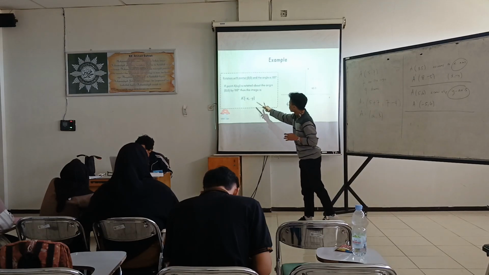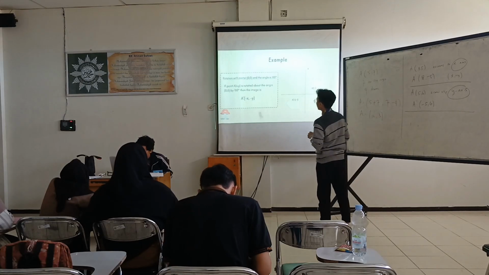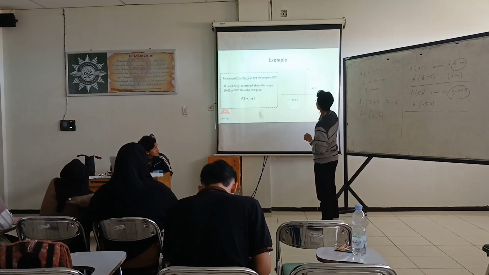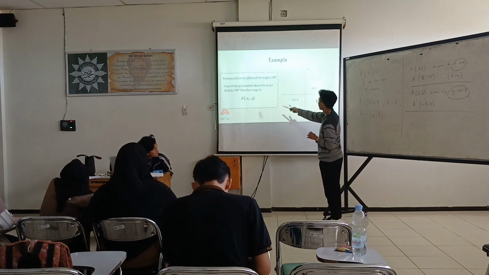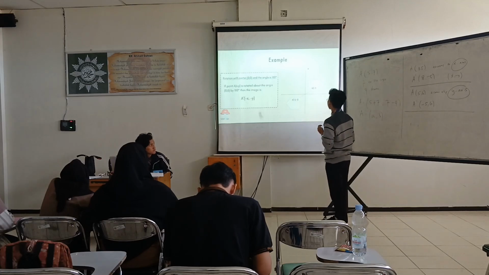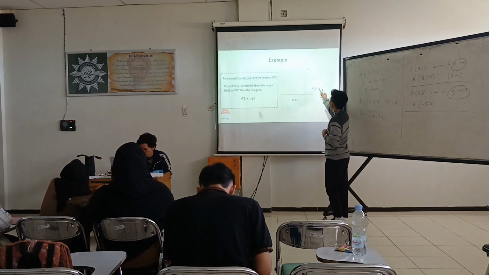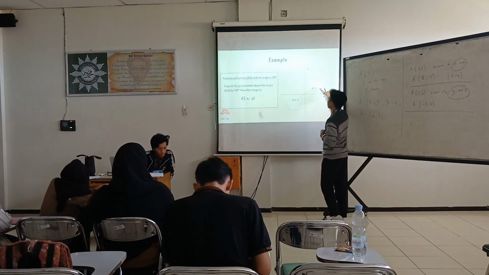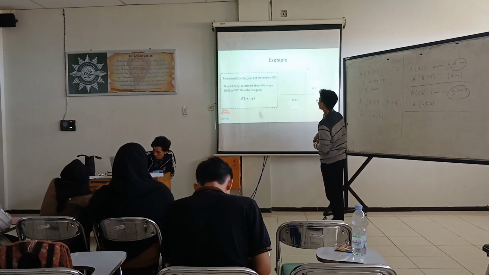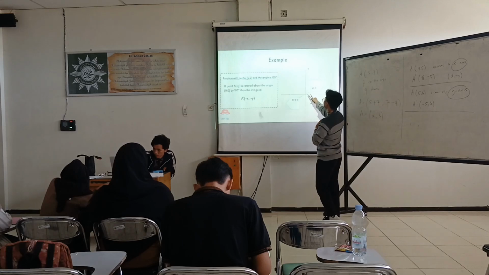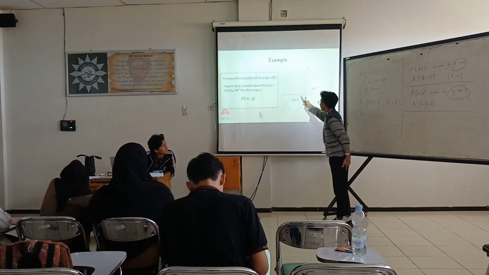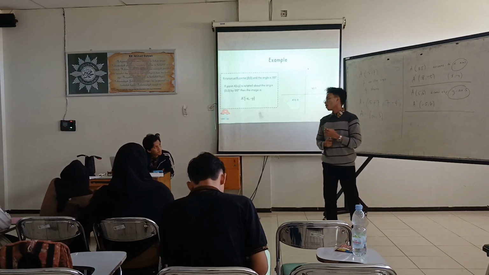From the formula, the image is A' (-x, -y). We have (2, 1), so A' is (-2, -1). So this is the first point A (2, 1), and after we rotate with center (0,0) and the angle is 180 degrees, the new position of point A is right here, (-2, -1).